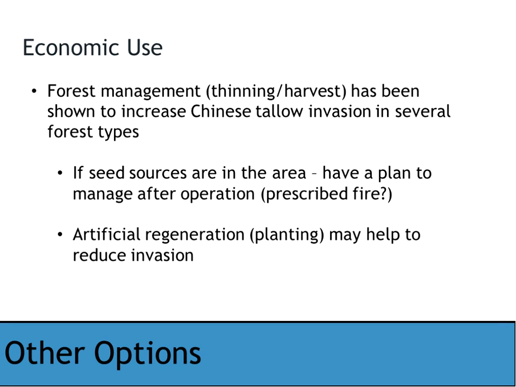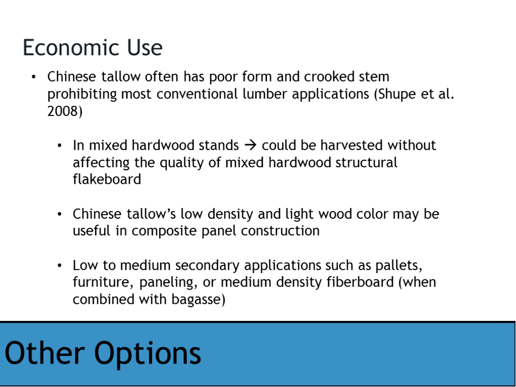And then also artificial regeneration, so planting highly competitive species such as pines might help to reduce invasion by increasing the competitiveness within that site. Although Chinese tallow has poor form, which prohibits most lumber applications, so getting a logger to actually touch tallow might be difficult, in mixed hardwood stands it could be harvested without affecting the quality of things like structural flakeboard.